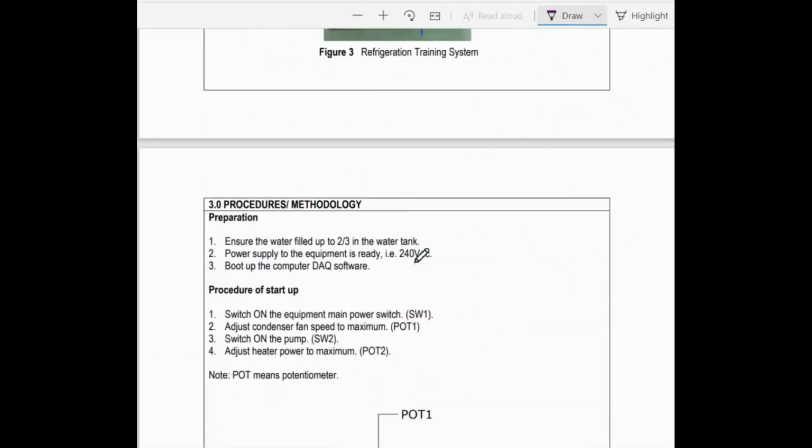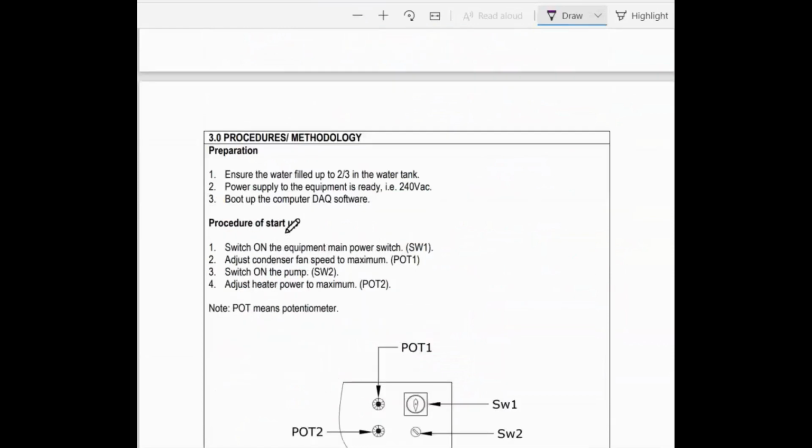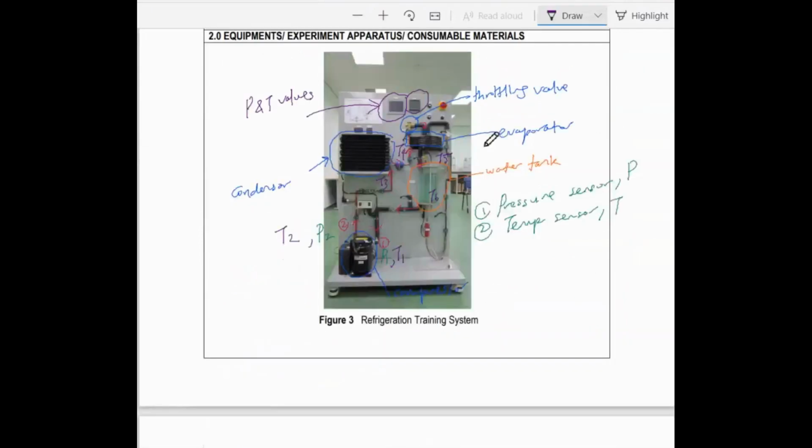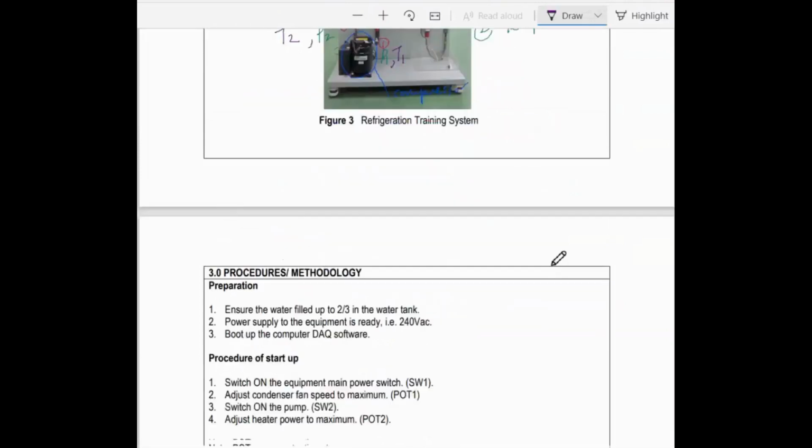To prepare the lab, preparation is basically not needed, we have already prepared it. How to do this lab: first you need to switch on the main power switch. This is the main power switch, the red switch.